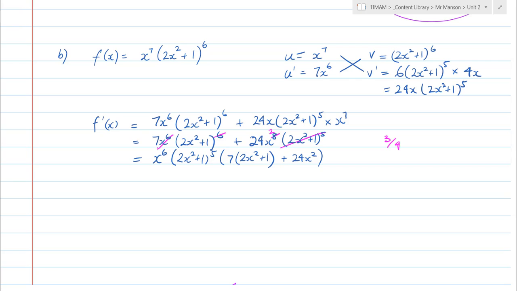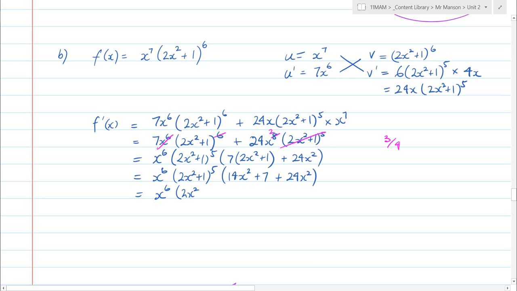So x to the power of 6, (2x squared plus 1) to the power of 5, and I've got 14x squared plus 7 plus 24x squared, and happily that becomes x to the power of 6, (2x squared plus 1) to the power of 5, (38x squared plus 7). That took me longer than it should have. And be careful, because sometimes you might then be able to refactorise further.